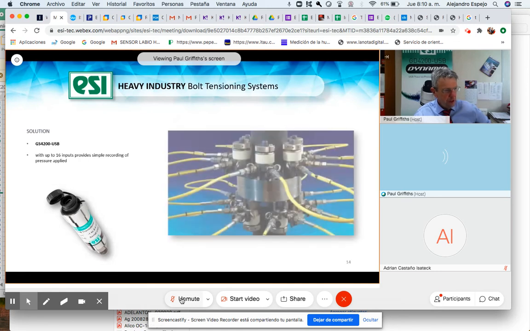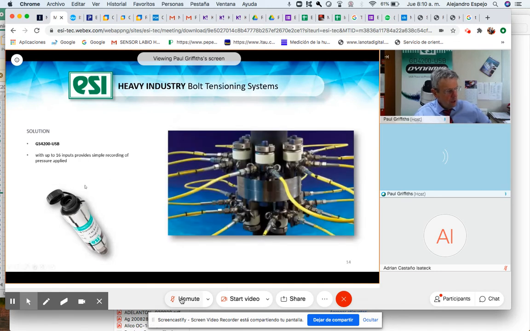So our solution for this is the USB transmitter, because you can use it to measure the hydraulic pressure very accurately, but at the same time, the information is being recorded to the laptop or the PC.